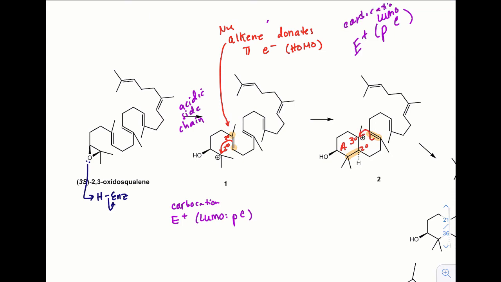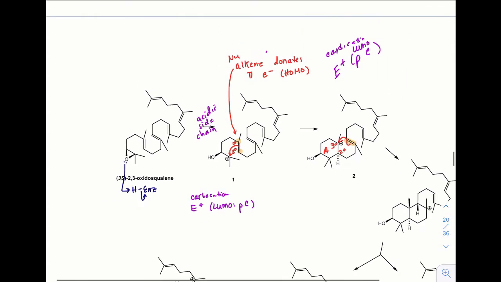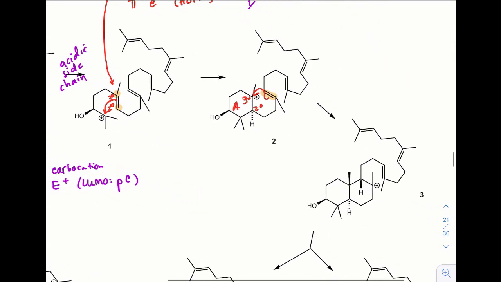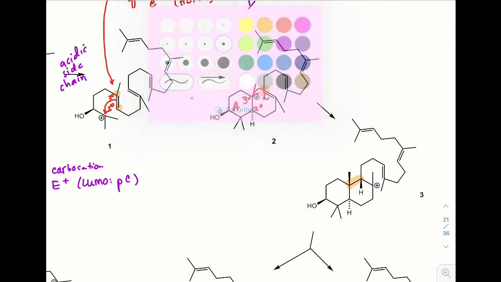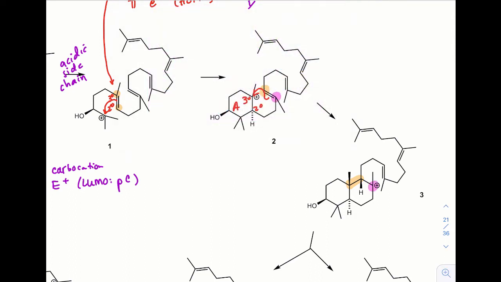Now, one of the 2 carbons of that alkene will be left with a positive charge, and one of them will make a bond. So we can see that it is this carbon that makes the bond. Here's the bond. And the carbon I'm going to represent in pink, this carbon is left with the positive charge.